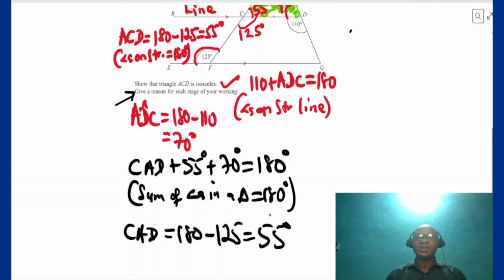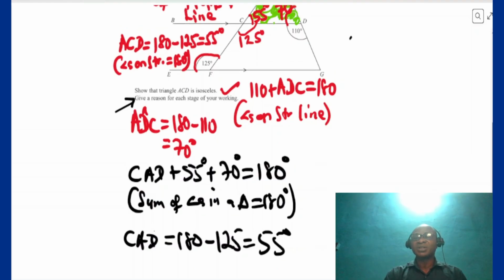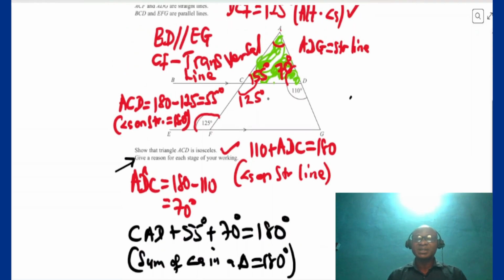We are almost done with this question. If we go back to the triangle, you will agree with me that this angle CAD is now 55 degrees. Watch and see that this angle also is 55 degrees. That is what we will use to conclude.